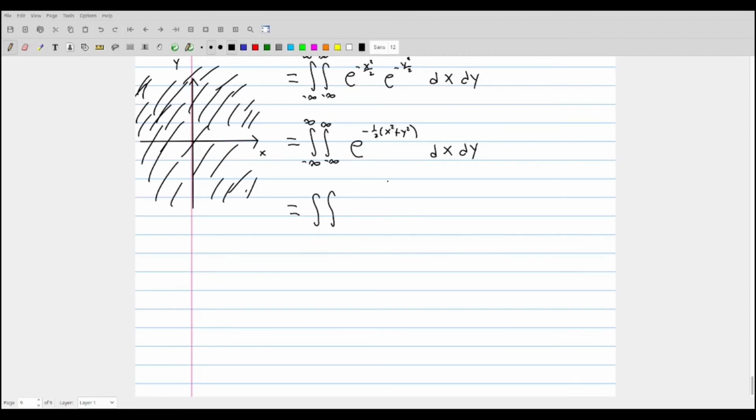You'll see that directly, that x squared plus y squared in polar coordinates is r squared. This will be e to the negative 1/2 times r squared. And remember that in polar coordinates, dA is equal to r dr d theta. This is very important. So it's r dr d theta.